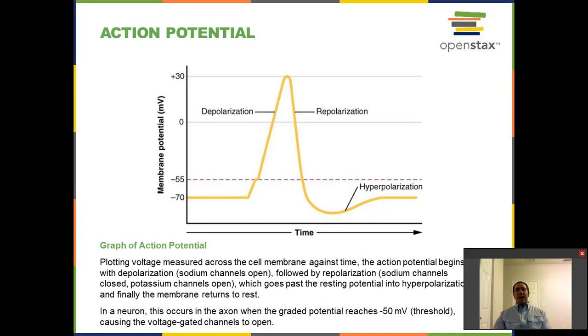And so in that case, we have to go up 25 millivolts to reach threshold. It's kind of like, if you can jump that high, go for it. But it's going to be really hard to jump that high. So it can fire in the relative refractory period, but it's going to take a bunch of ligand-gated channels opening in order to get a large enough voltage increase to get back up to threshold voltage.